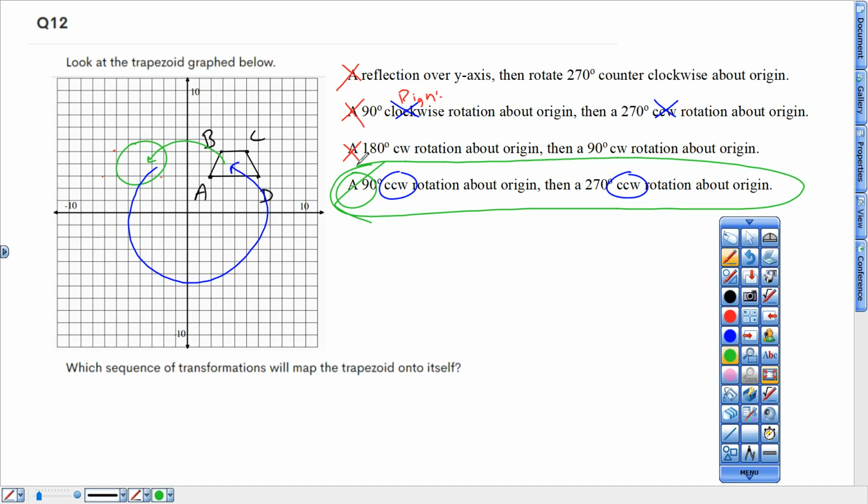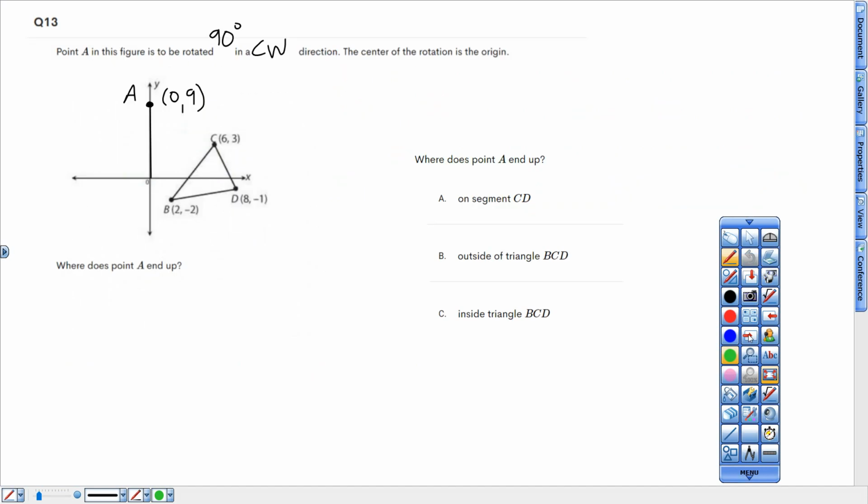All right, next problem. For this one, a 90 degrees clockwise rotation is a quarter turn to the right. We've taught you that a quarter turn to the right, that new point for A, you're going to switch the coordinate. The X and Y numbers are going to switch, and then you usually opposite that right one. But since there's no opposite of 0, we'll just leave it 9, 0. So I could see if I plotted 9, 0, that would be right here past that far point of 8, 1.